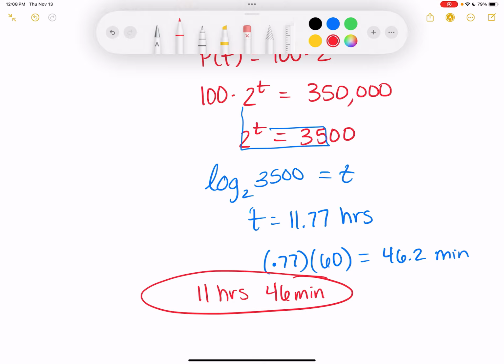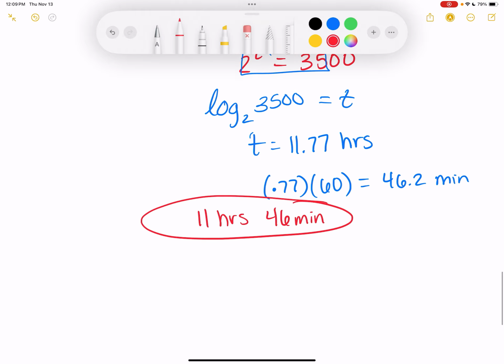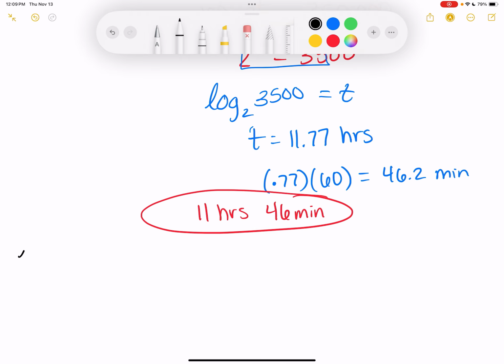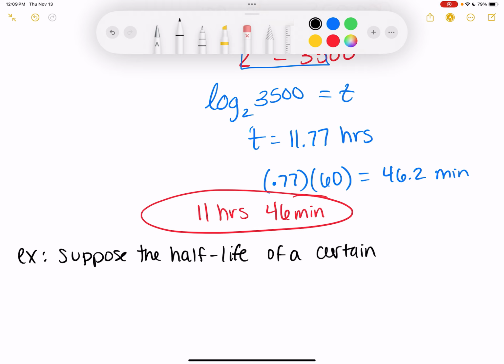Let's look at a half-life problem. This is another example because there's not a ton in the book. Suppose the half-life of a certain radioactive substance is 20 days.